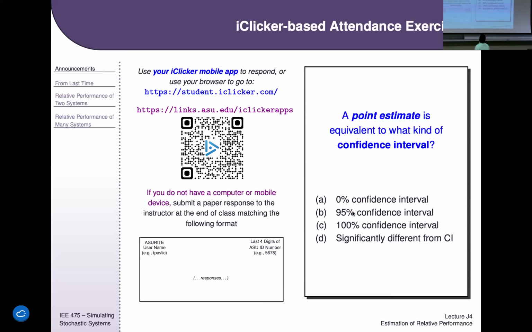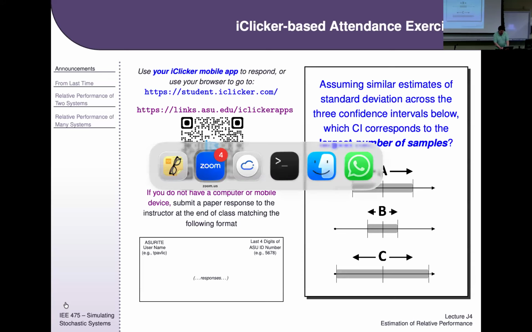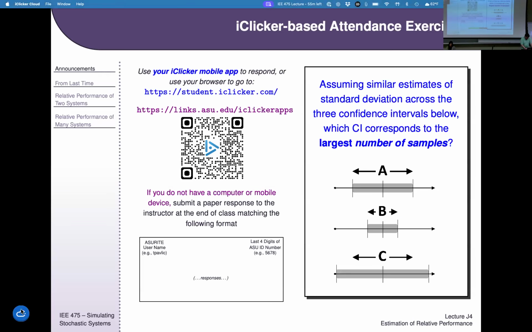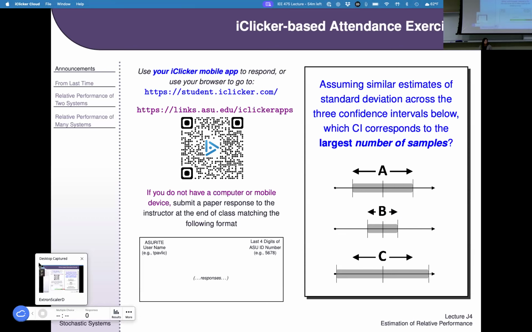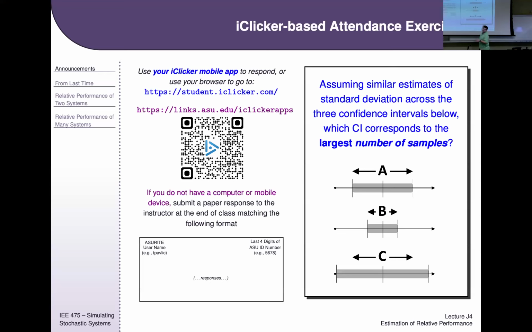Okay. So flip back here. All right. One more related to that. Clicker. This is another multiple choice. Assuming similar estimates of variance, of standard deviation in the populations, I look at these three confidence intervals.